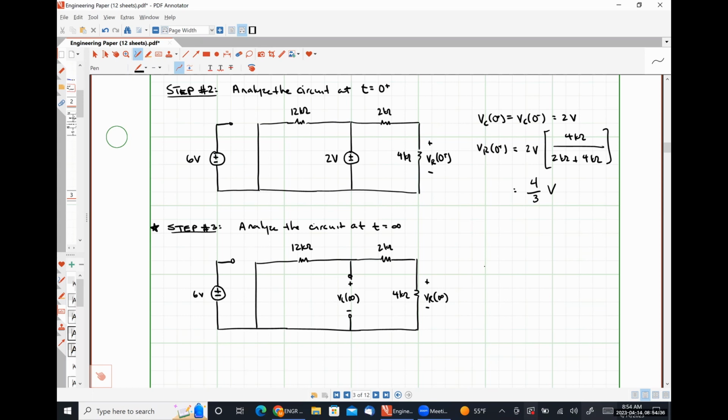So we should very easily be able to see that VR at infinity is 0 volts. And VC at infinity is also 0 volts because there's literally no sources connected to the resistor and capacitor network that would make it be anything other than 0.